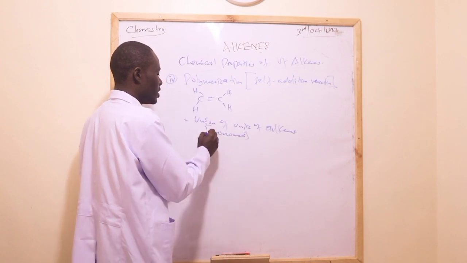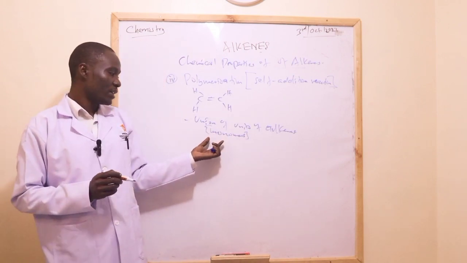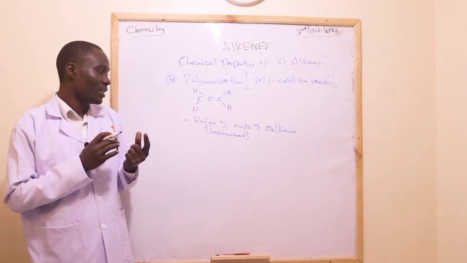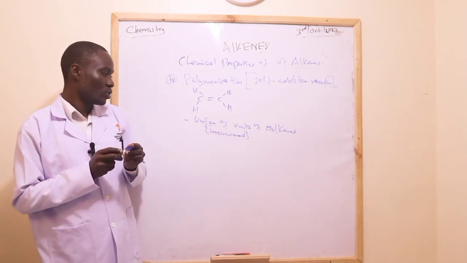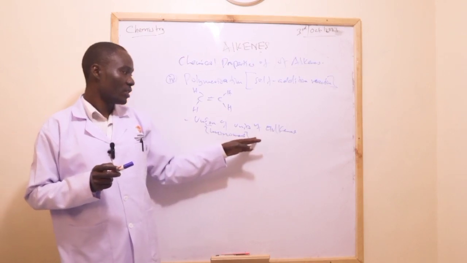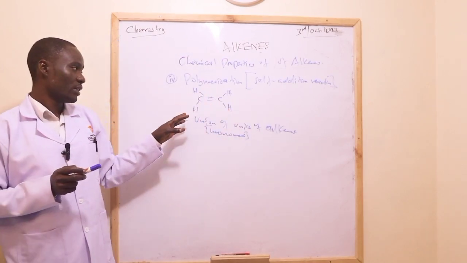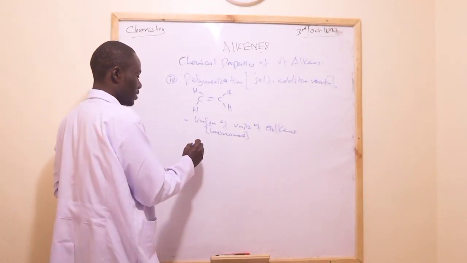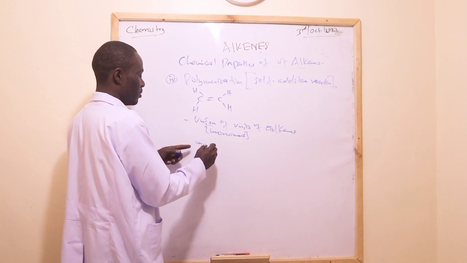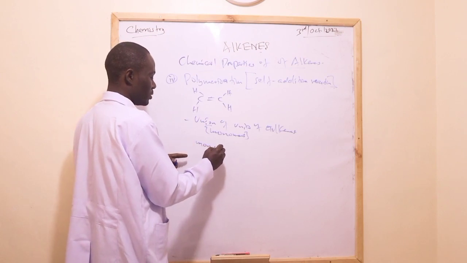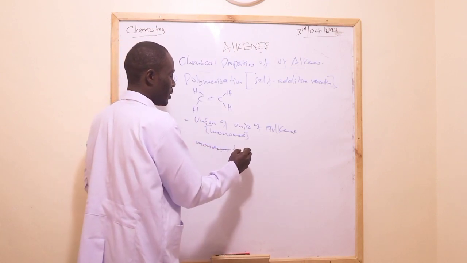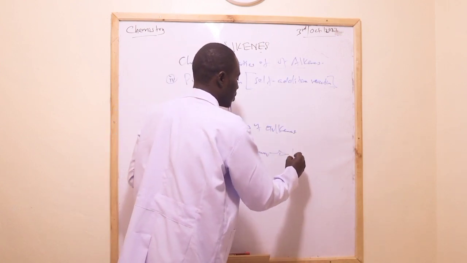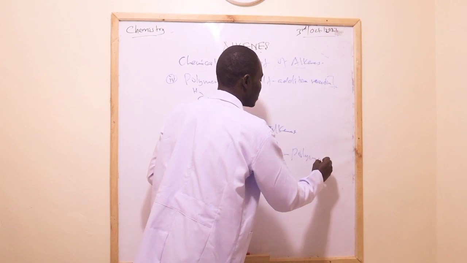Monomers. So each monomer needs to combine with another in a continuous reaction to form a long-chain compound called a polymer. So it is an addition reaction involving monomers. One monomer plus another monomer forms a polymer.